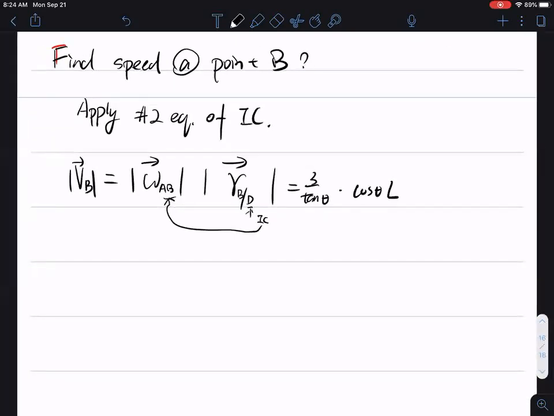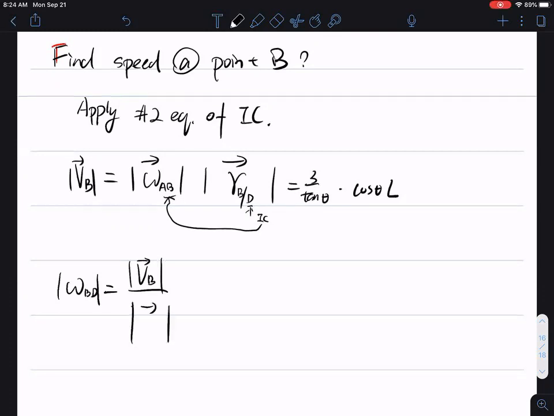Now we can apply another equation to find out what is omega BD. Omega BD equals VB divided by the distance from B to D. Okay.